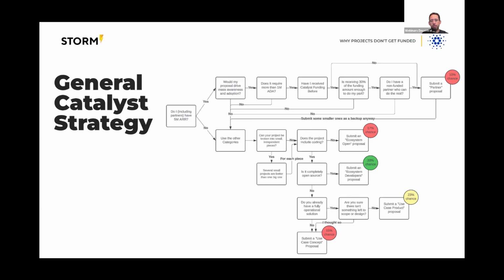Now remember that the ecosystem open proposal is often a higher category chance. But generally in this one, it was a little bit lower just because of how the votes turned out.